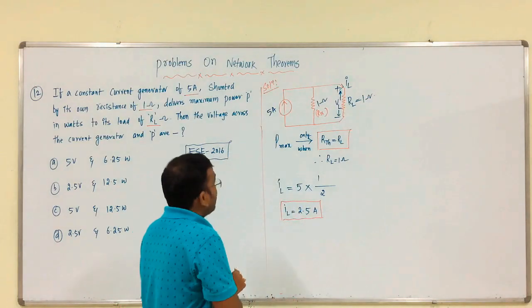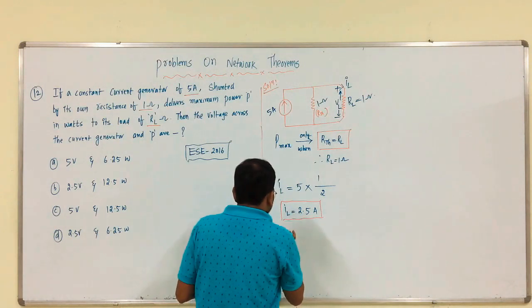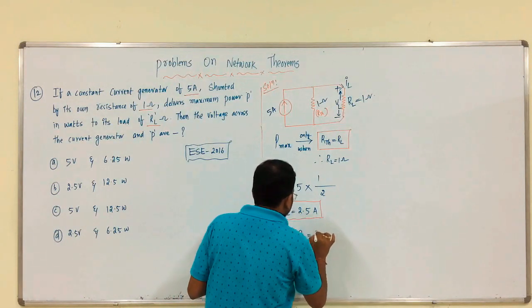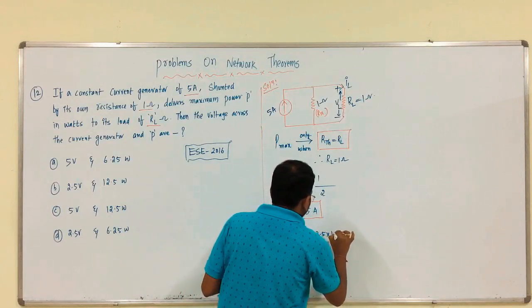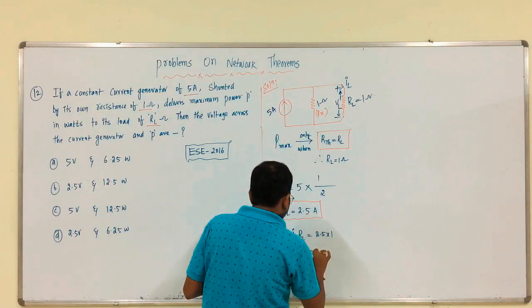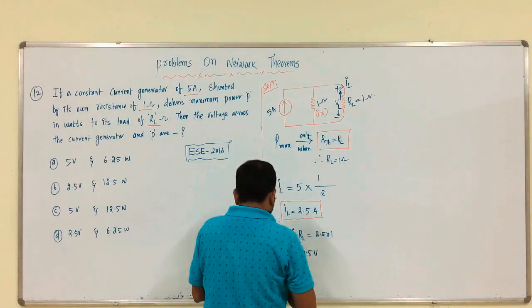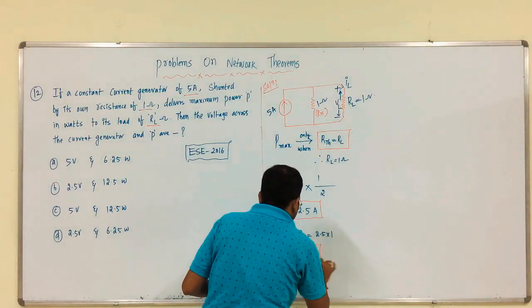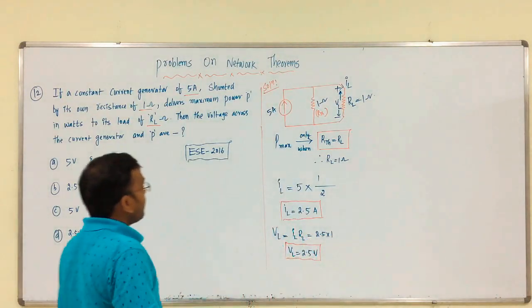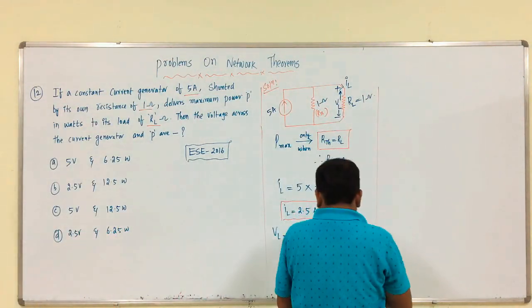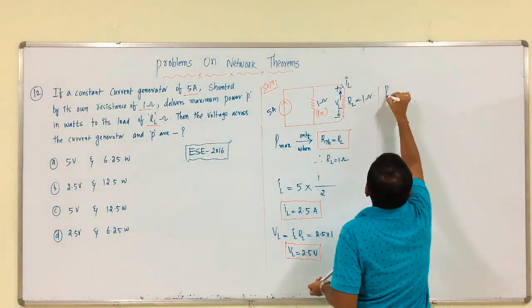So obviously the voltage across the current generator is what? VL is nothing but IL into RL, which is nothing but 2.5 into 1, which is equal to 2.5 volts. So VL is 2.5. Then P max. P max is what?